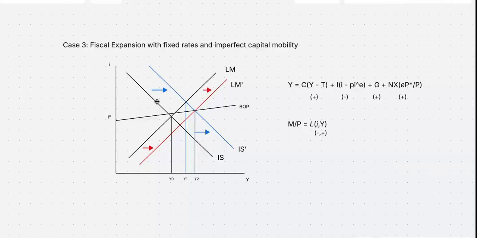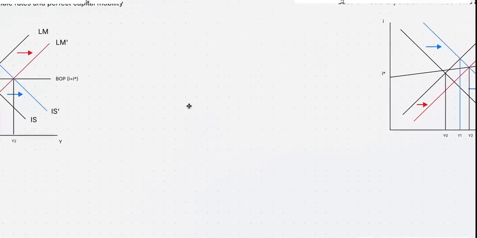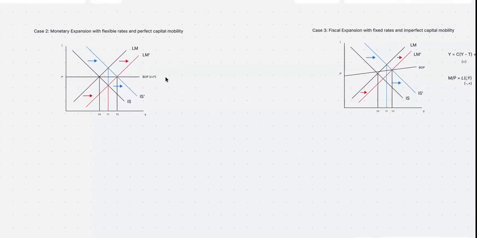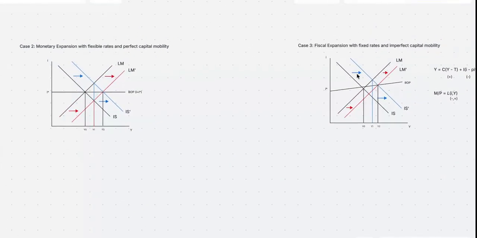And so what we end up with is that the fiscal policy is relatively effective. But if we compare this to our last case, so case 2 over here, we can see that we essentially have the same movements. However, because of this imperfect capital mobility case, we're actually less effective than if there's perfect capital mobility.